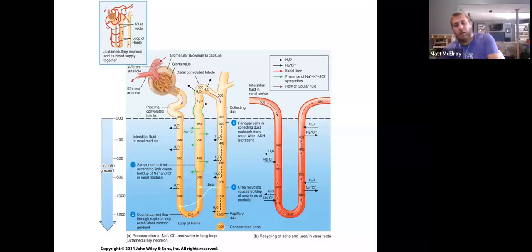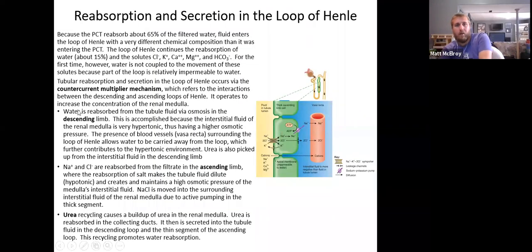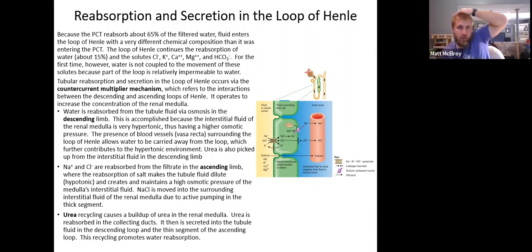So the main thing is to make sure countercurrent multiplier mechanisms take place in the loop of Henle. What's happening with water? It's being reabsorbed in the descending limb. Salt is being pumped out in the ascending limb, so salt's being reabsorbed. We're performing urea recycling. When we're pulling it out of the tubule in the collecting duct, we're putting it back in the tubule in the loop of Henle.